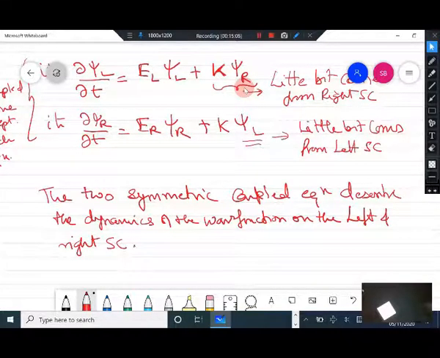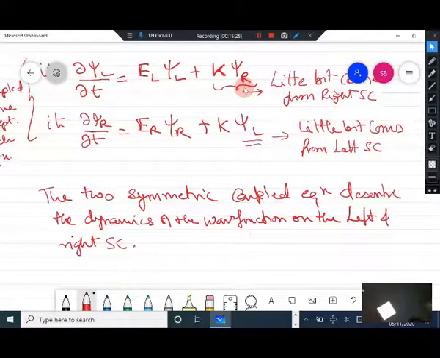Here you have taken into account this process of leaking in of the wave function because of tunneling. A little bit of the wave function from the right side leaks into the left side and causes a time dependence of the left side, and similarly a little bit from the left side can leak into the right side and cause a modification in the dynamics of the wave function.